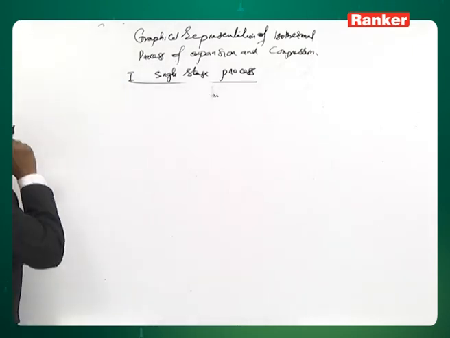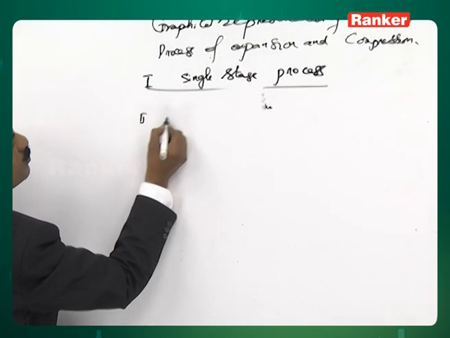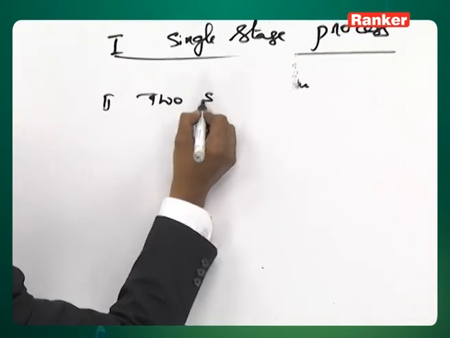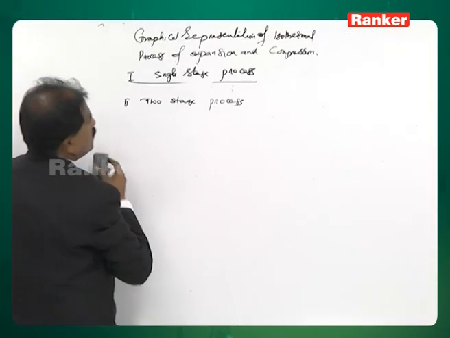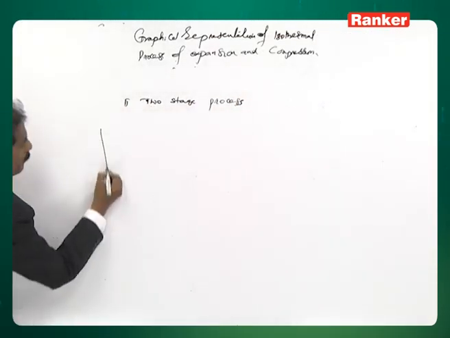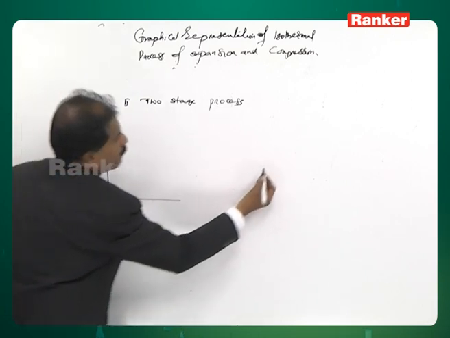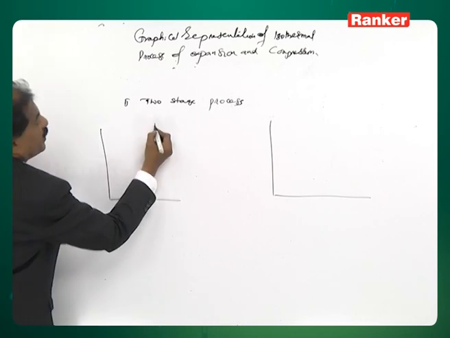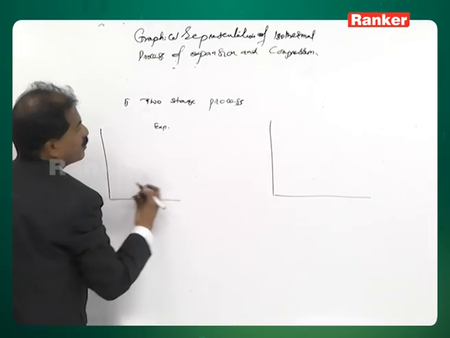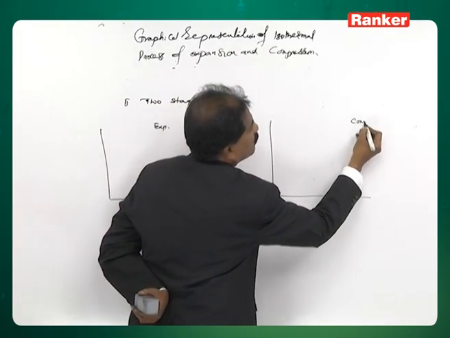Single stage process. Next, two stage process. This is expansion. This is compression.